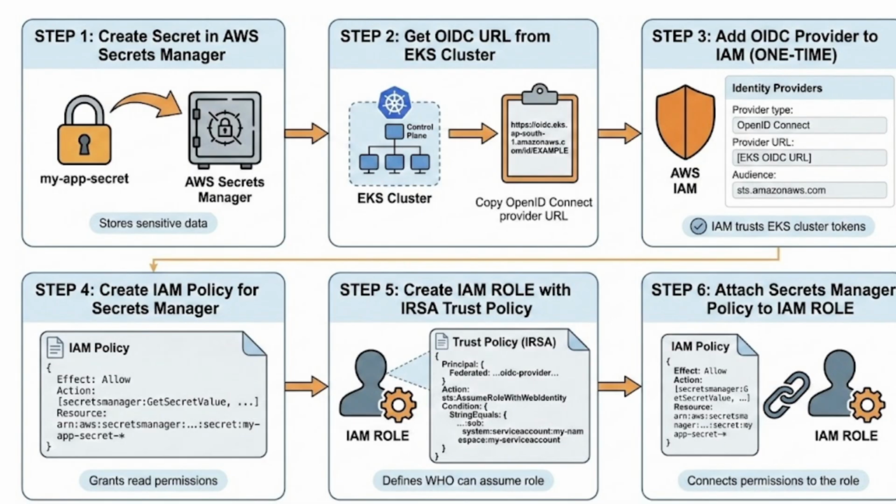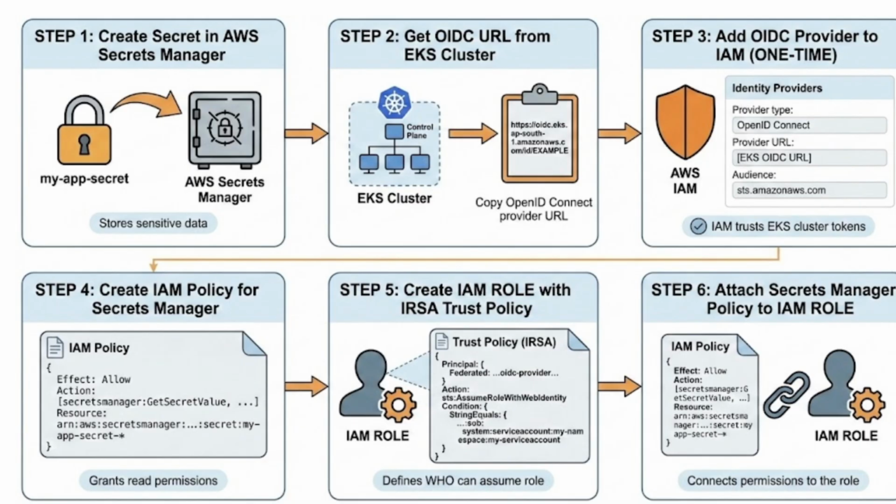So once this is created, we will go ahead and create a policy. The next thing that you do is create a policy which has access to your Secrets Manager. Once the policy is done, the next step is you create a role. In that role, you'll also assign the same URL.